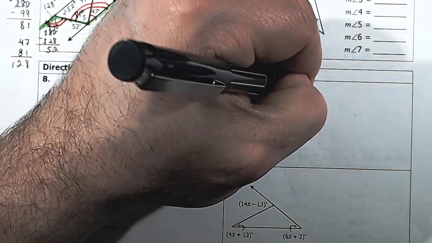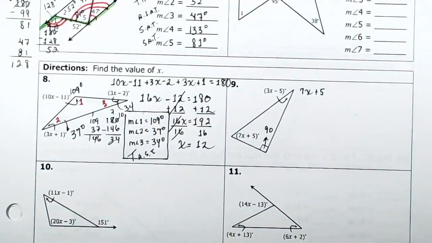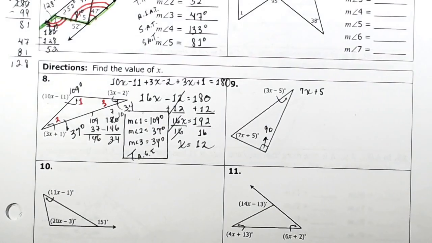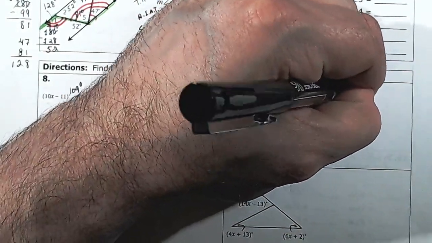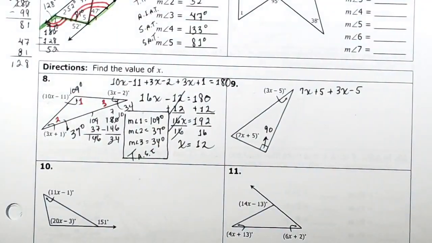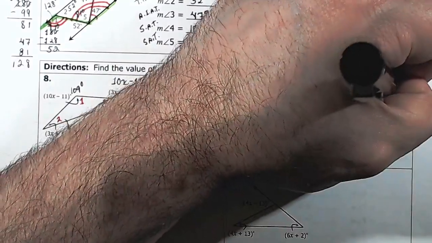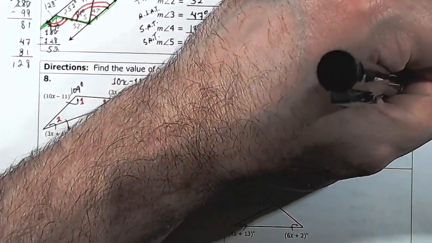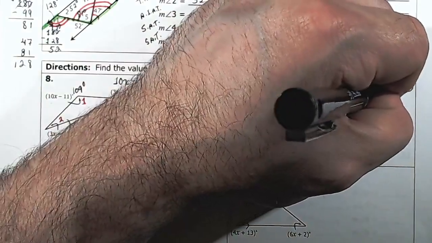Triangle angle sum theorem. 7x plus 5. I'm sorry, I'm left-handed. Plus 3x minus 5 plus 90 has to equal 180. And a quick simplification would be to subtract 90 from both sides.